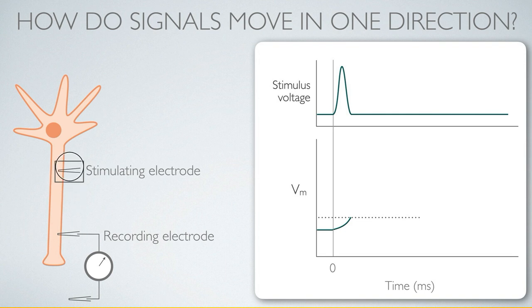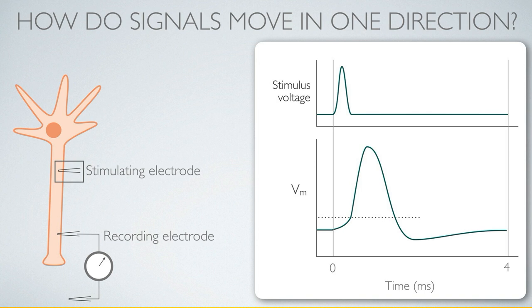The stimulating electrode serves to just start an action potential. So here we have that depolarization at the recording electrode site. If it reaches threshold, minus 55 millivolts, then boom, we get our action potential. And it just plays out the same way every time.